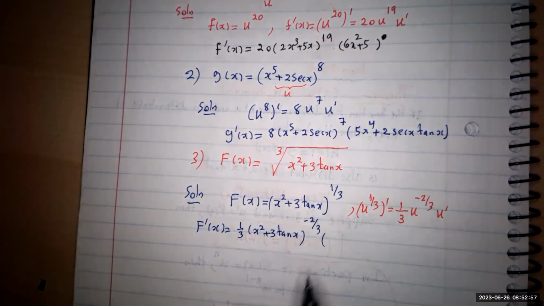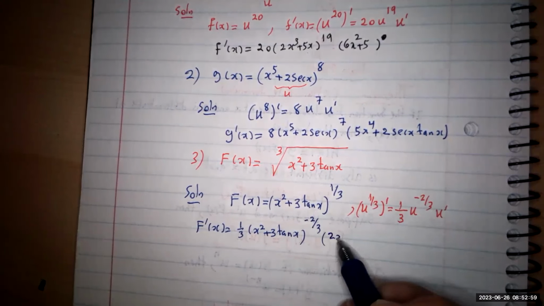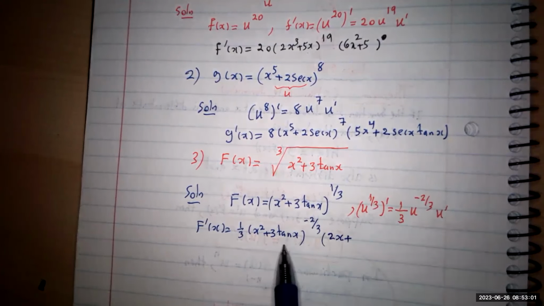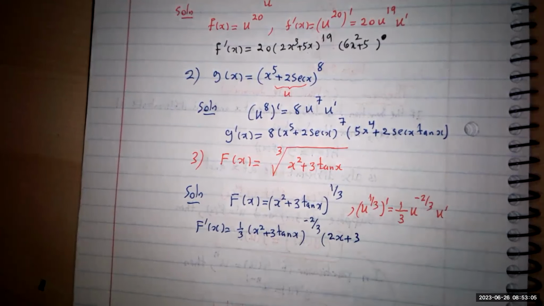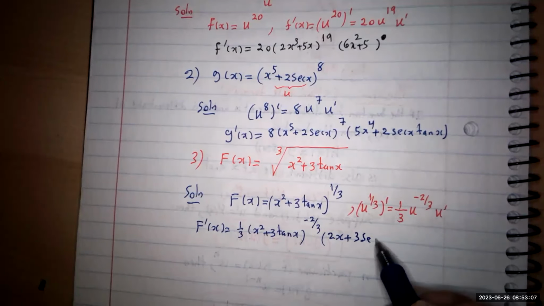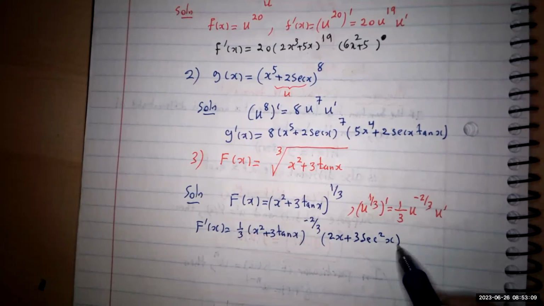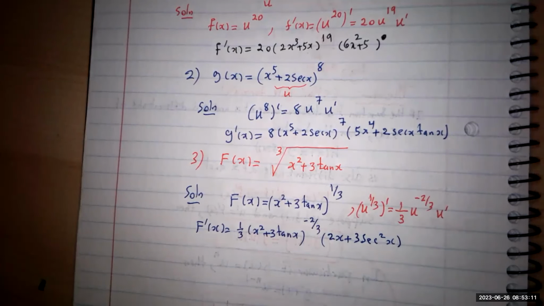Carefully differentiate: the derivative of x squared is 2x, plus 3 times the derivative of tangent, which is secant squared. Secant squared, and then you're done. Again, no simplification is possible, and simply you are done.